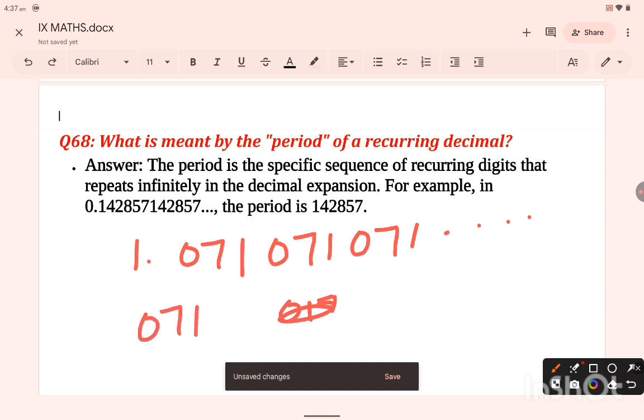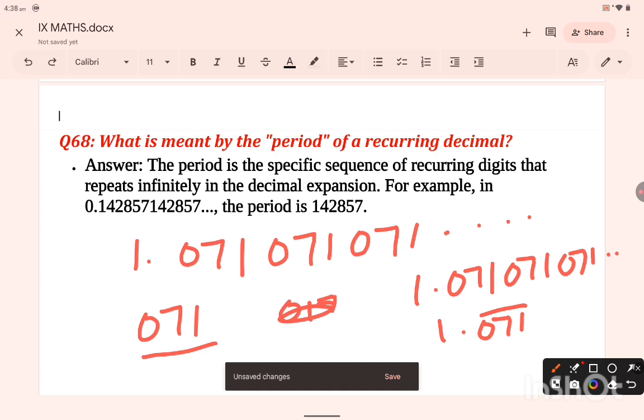Here 071 is known as the period of 1.071071071 and so on, or 1.071 bar. The period of 1.071 bar is equal to, what is the answer here? 071. So that is the repeating block. The digits in the repeating block are known as the period.